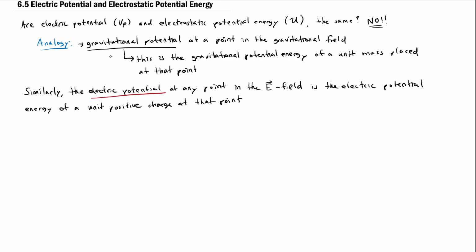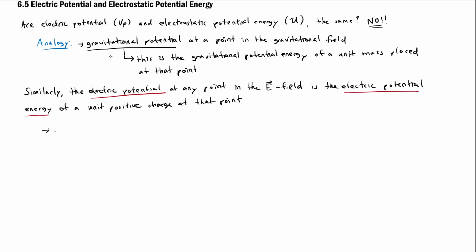So very similar to gravitational potential versus gravitational potential energy, when we talk about the electric potential energy, it's going to be a certain measurement of stored energy, and then when you divide it by the unit positive charge, you get the electric potential.